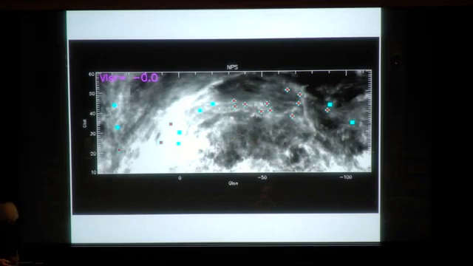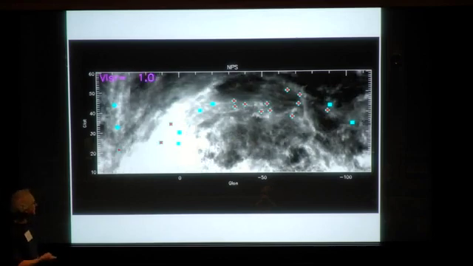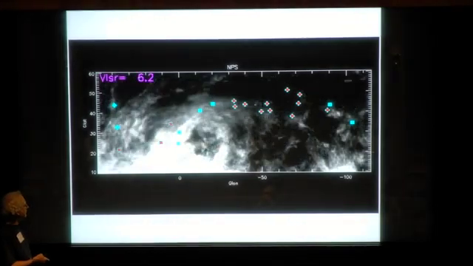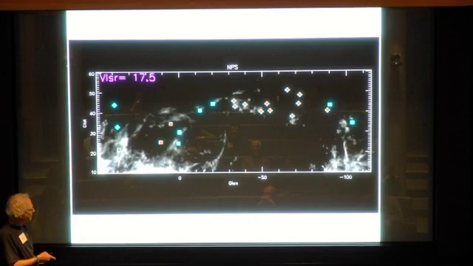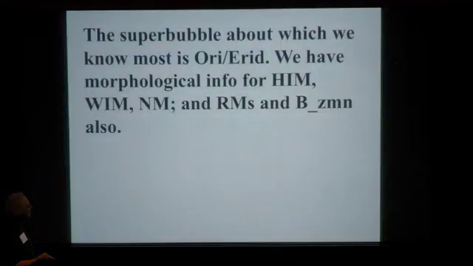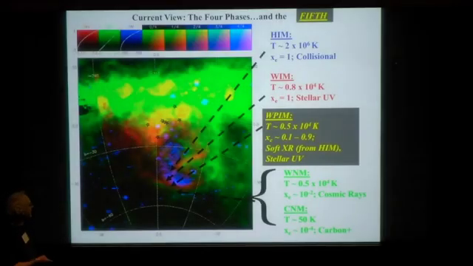Well, okay. I did want to also mention that this is not the only big supershell in the sky that we see. The superbubble we know about which we know most is the Eridanus one, and here's a picture of that.